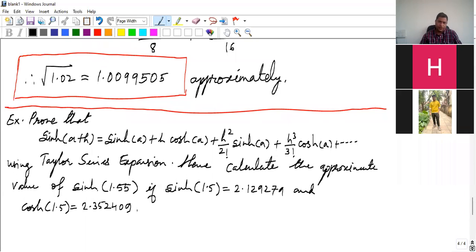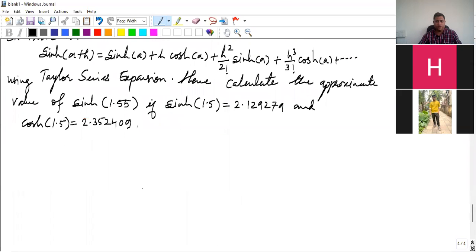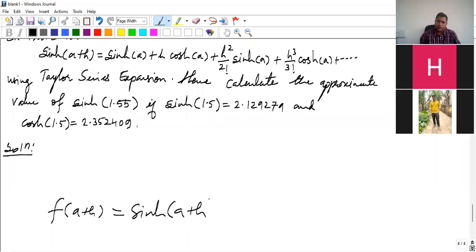So now you can see what we have to find and how we have to find it. First of all, we have to prove this series. You can see what formula is to be used: f of a plus h is equal to sin hyperbolic of a plus h.